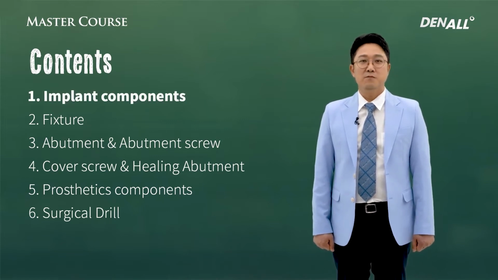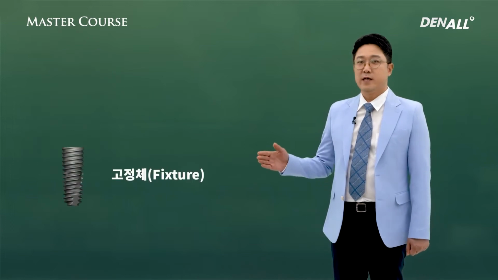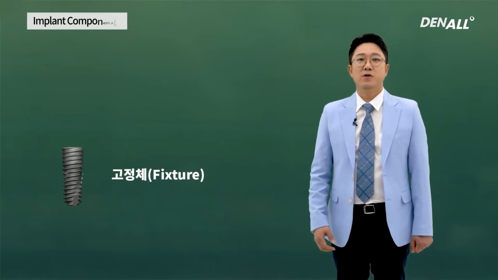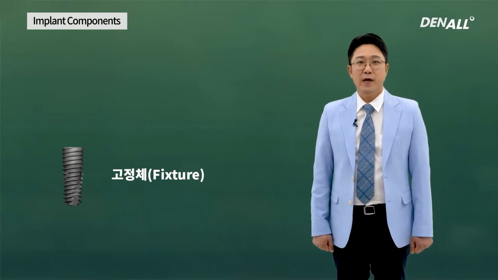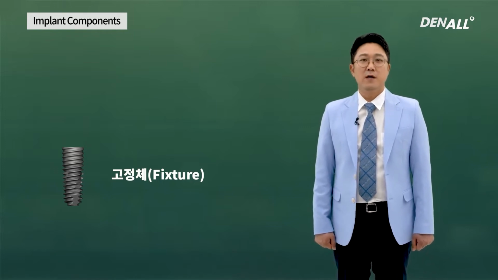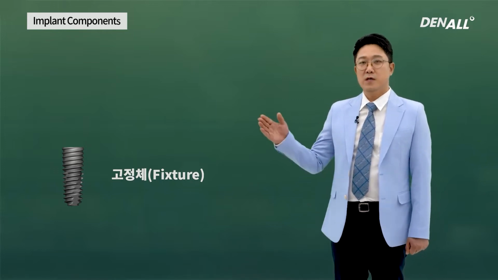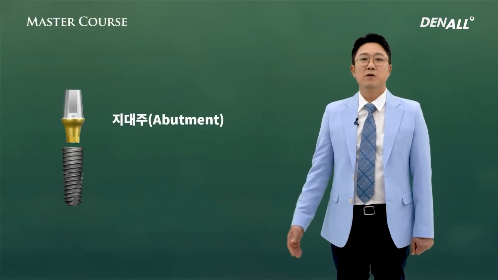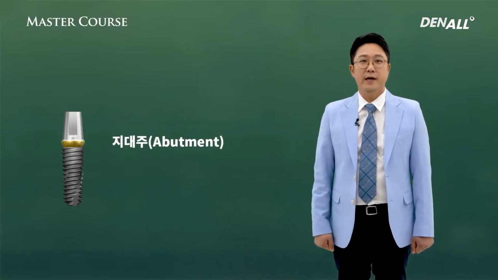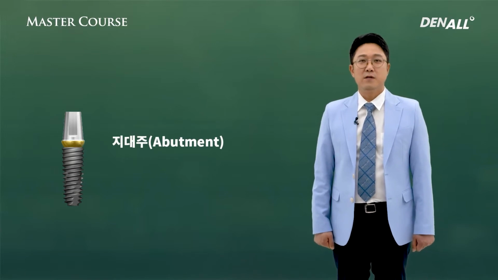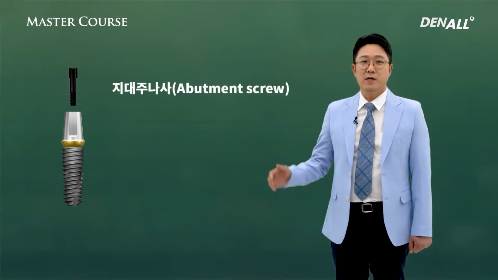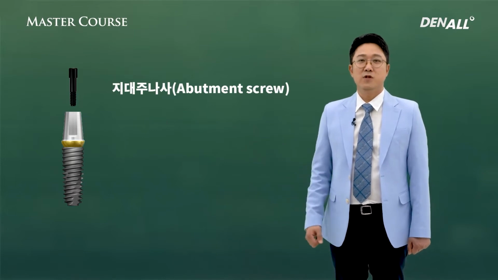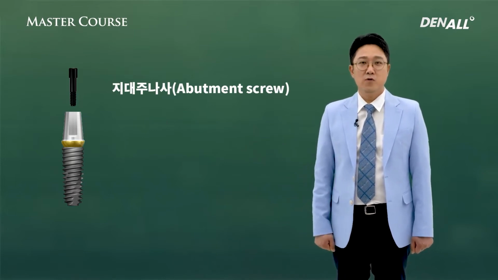Implant components. There's the fixture, which is the same as a tooth's root. The fixture is placed in the bone, and once it is osseointegrated, the part that comes out of the gingiva and is connected to the crown is the abutment. The abutment and fixture are connected with a screw, called the abutment screw.